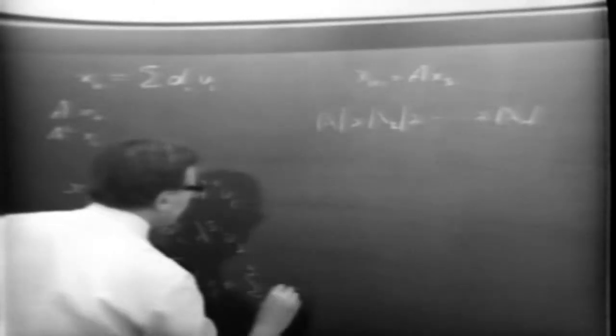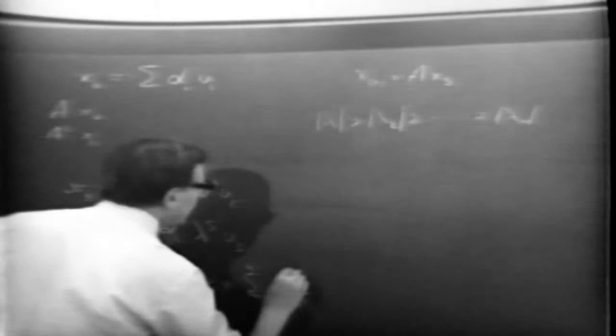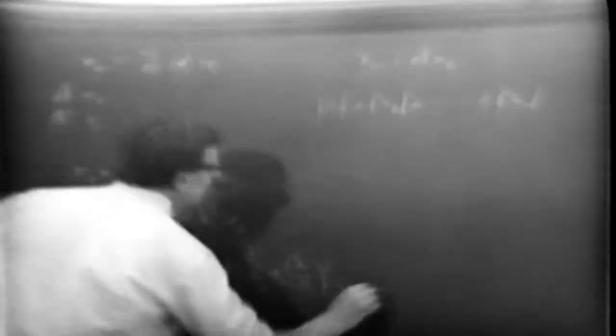But then we can write this in the form lambda_1^s alpha_1 v_1 plus sigma from 2 to n alpha_i (lambda_i over lambda_1)^s v_i. And lambda_i over lambda_1 is less than 1 for each of the others, and so this thing is tending to 0, and therefore ultimately our vector is tending to a multiple of v_1, the dominant eigenvector.